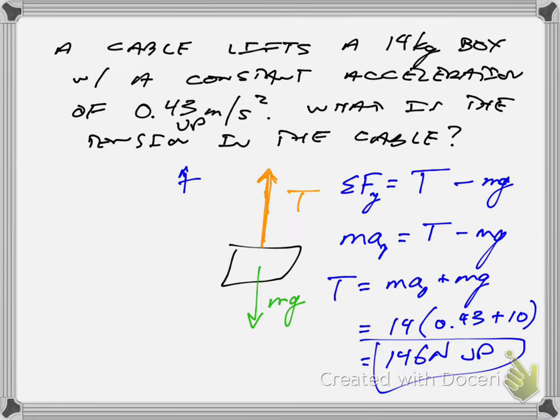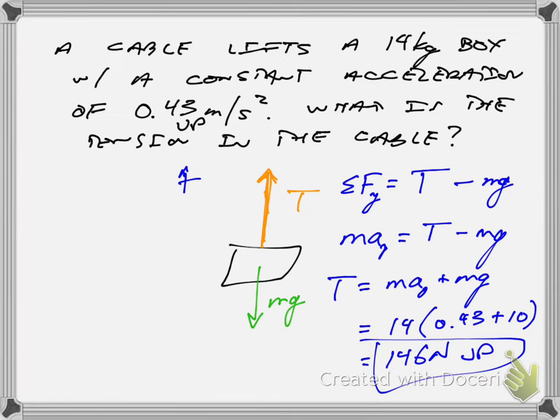And because we designated up as a positive direction, by saying negative or minus mg, we already took care of the direction. So g is a vector, and so that negative is just a direction indicator. There's nothing inherently negative about g. It's just g down, which sometimes makes it end up with a negative value.